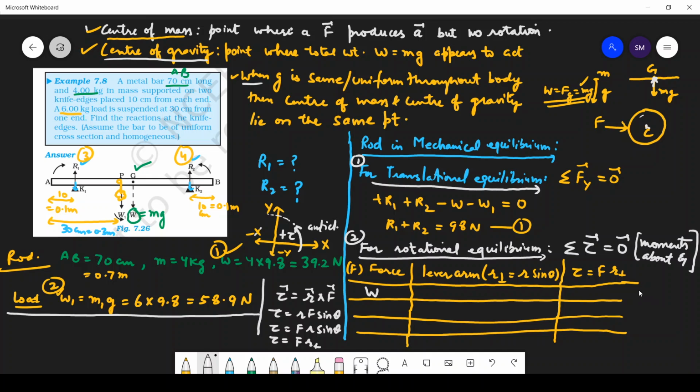Now, what is this for W? This is your G, and what is the distance? This R perpendicular is the distance. So this R perpendicular is the distance between. What is this distance between? Yes, tell me. What is this distance between now? This R perpendicular?